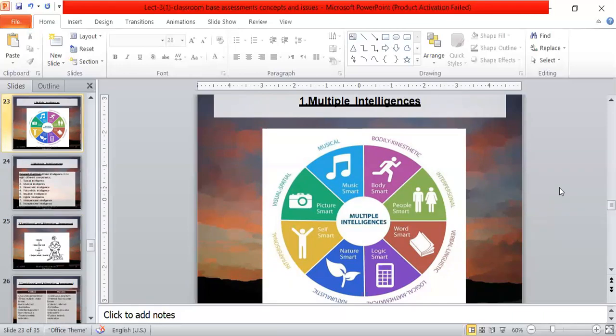And intrapersonal, self smart, individuals. It can be compared: people smart with self smart, and interpersonal as compared to intrapersonal. Picture smart is basically about visual, spatial, and musical smart is about liberal arts, music.